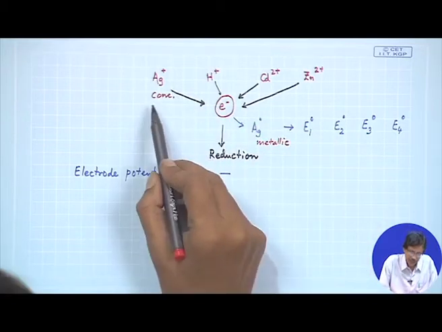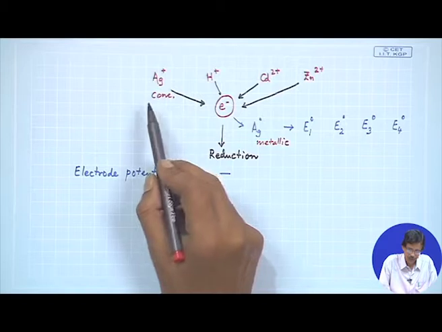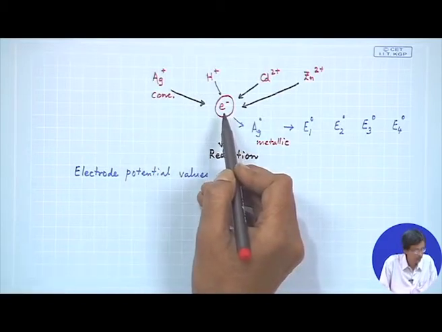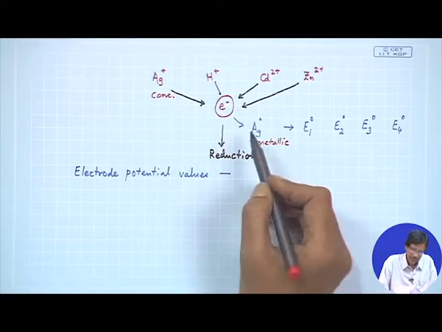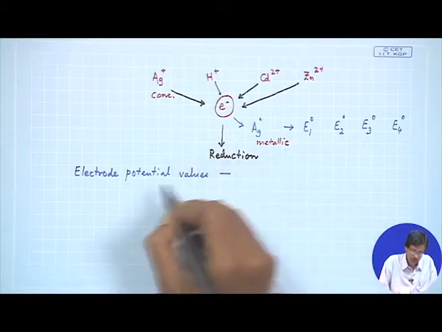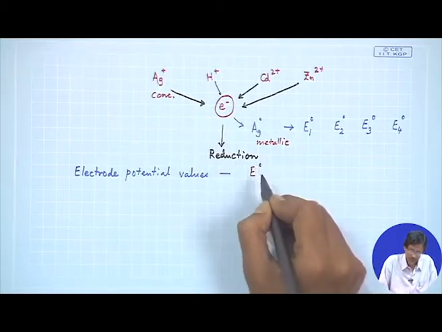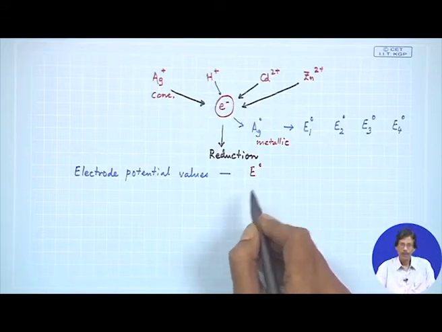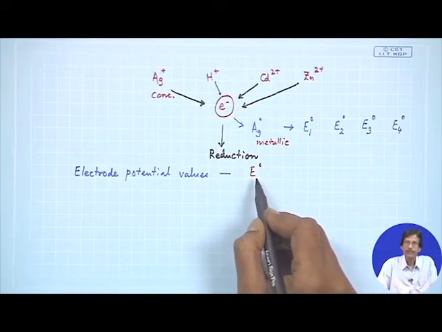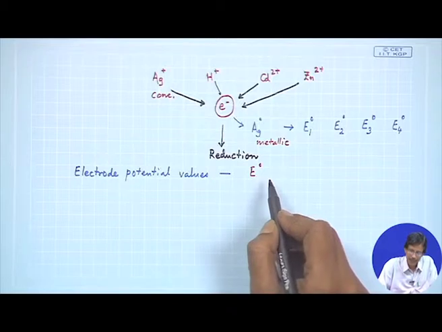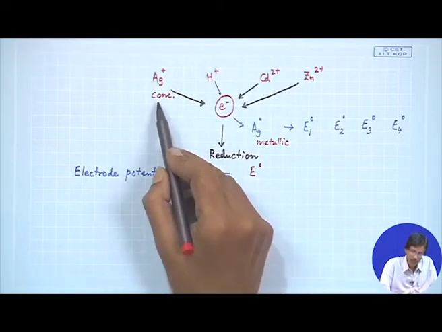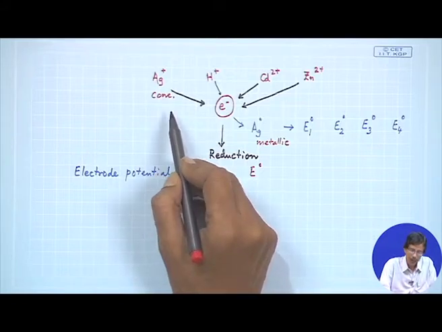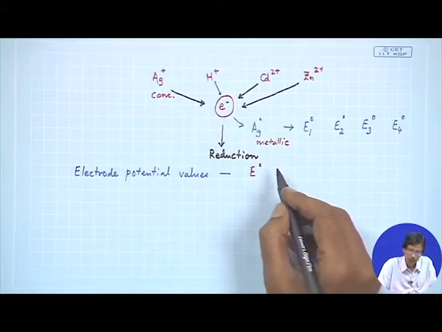If we have a concentration gradient supporting this electron transfer reaction, then in terms of electrical energy, we can draw some electricity, the electrical current or energy, from a galvanic cell when the concentration is far away from its equilibrium situation.